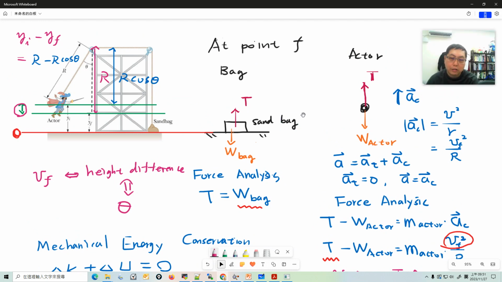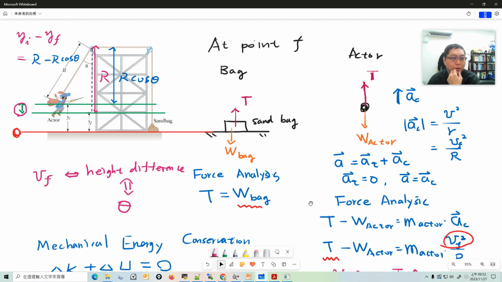Let's combine what we have done: Newton's law of motion and energy conservation, all together. I will make a small short video to show you why at this point there is only a centripetal acceleration and no tangential acceleration.